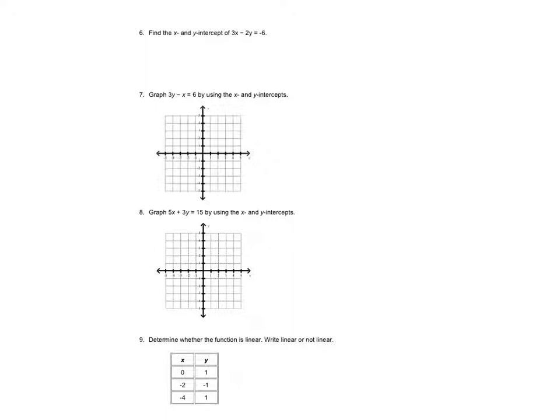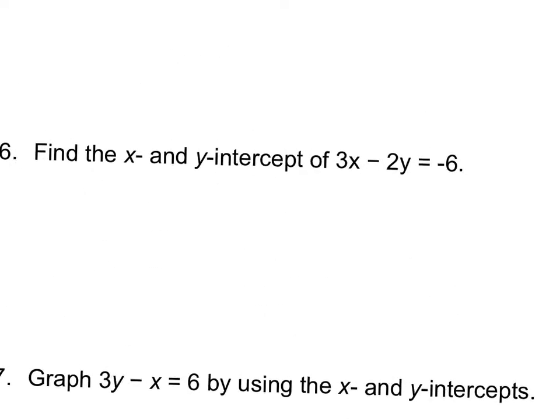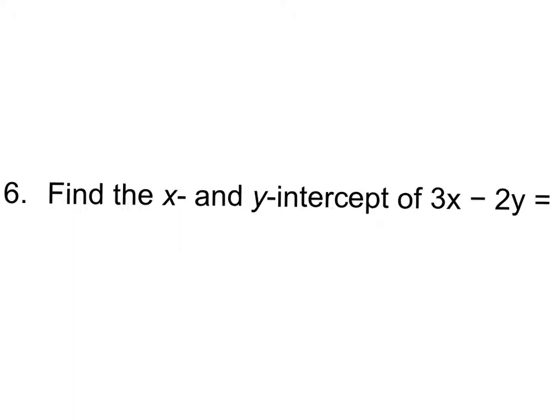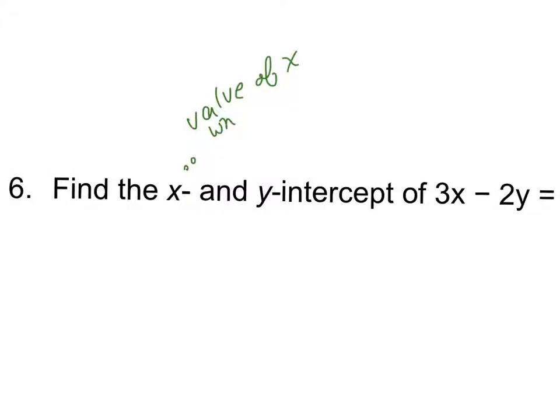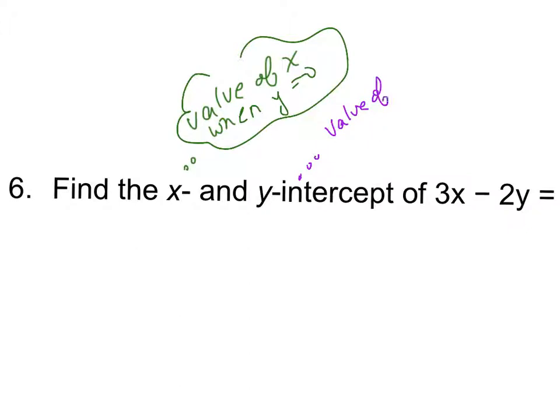Number 6 asks you to find the x and y intercept. Recall from way back when that the x-intercept is the value of x when y is equal to 0. And the y-intercept is the value of y, and I apologize for the handwriting, when x equals 0.